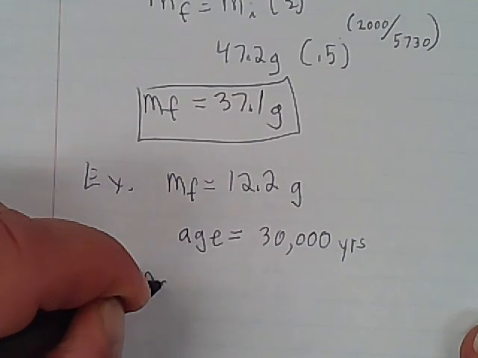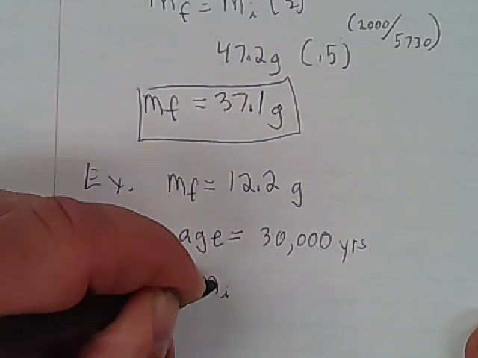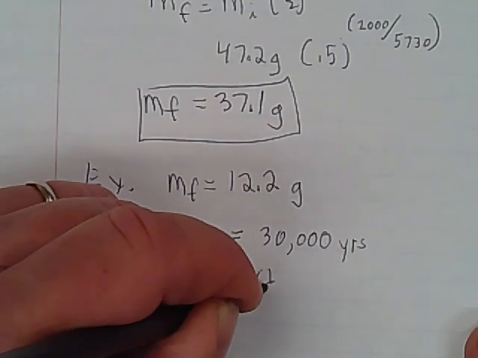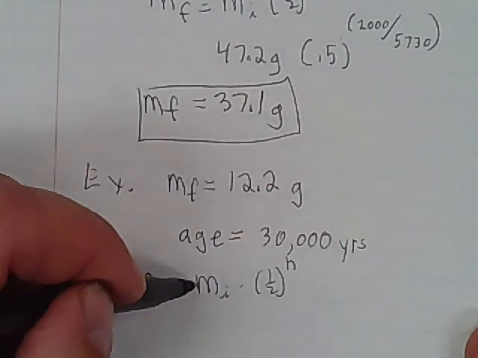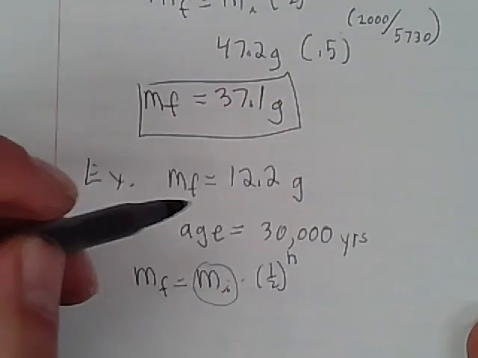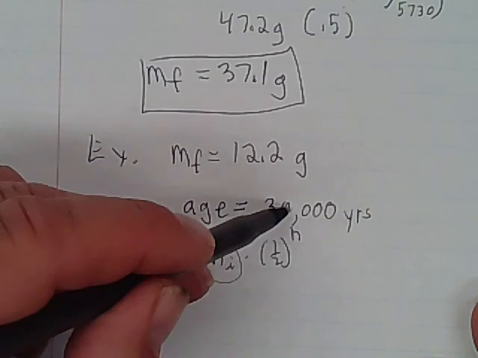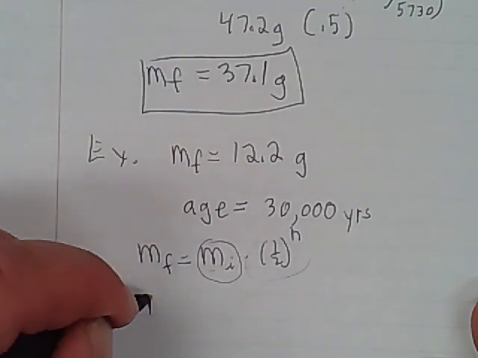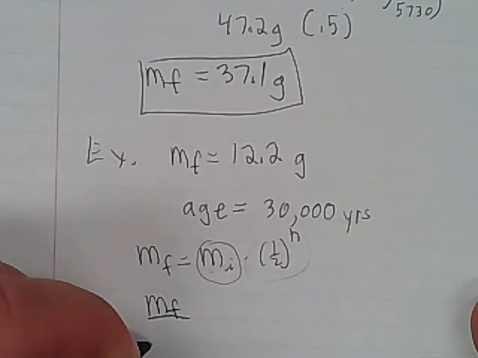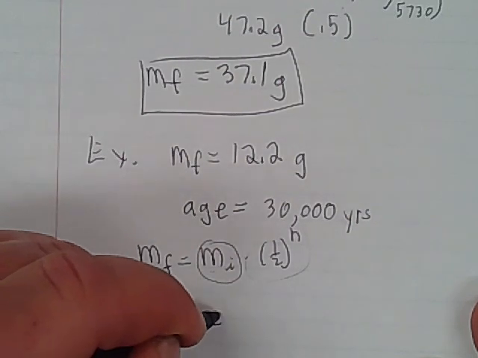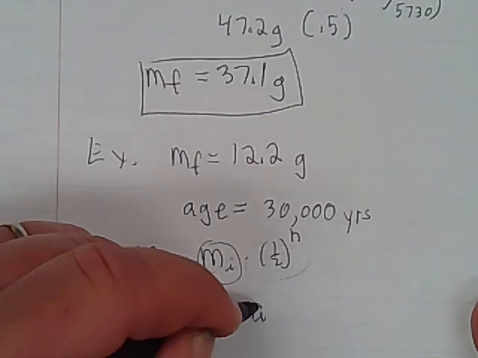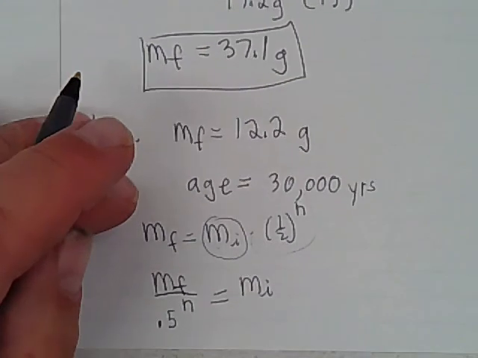Well, the formula is final mass equals initial mass times 1/2 raised to the number of half-lives. To solve for the initial mass, I divide both sides by this term. So final mass divided by 1/2 raised to the number of half-lives will give me the answer, my starting mass, my initial mass.